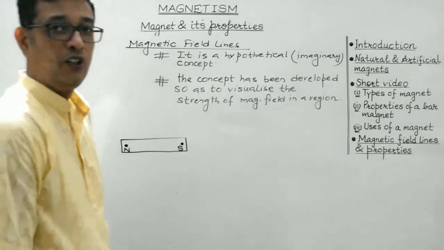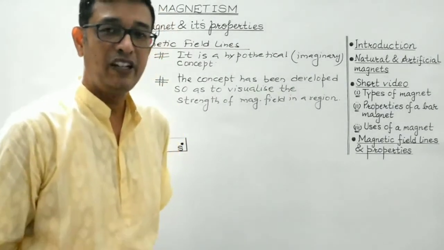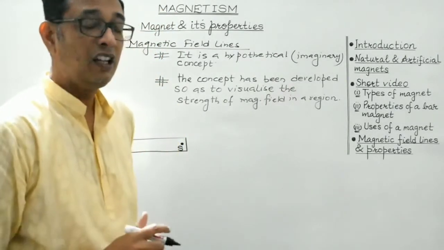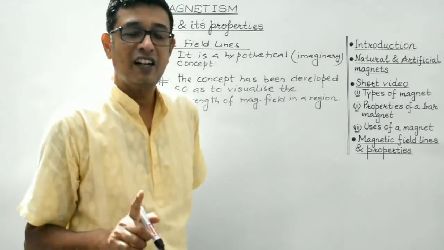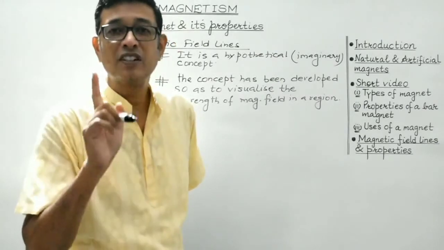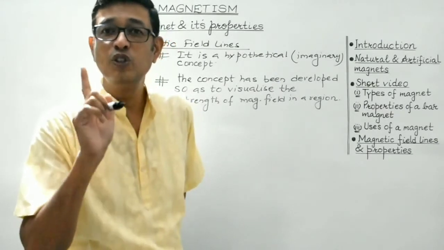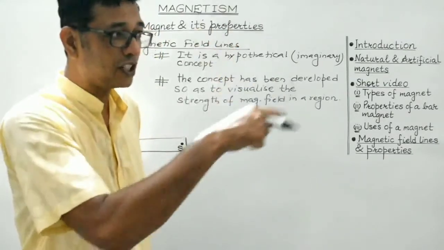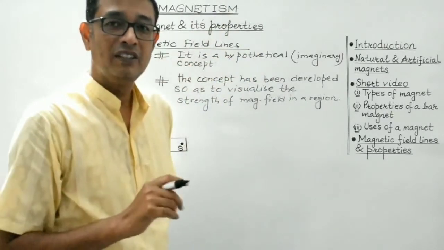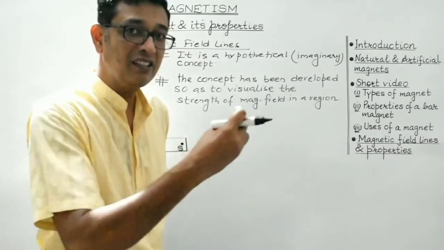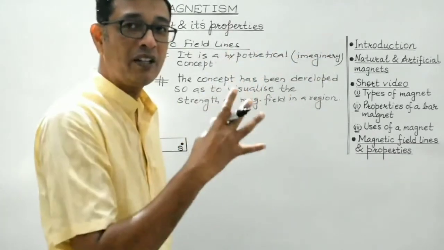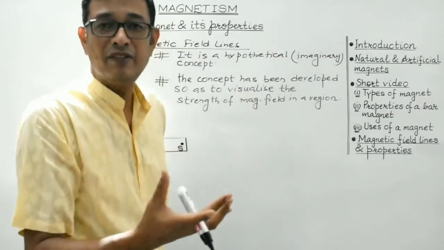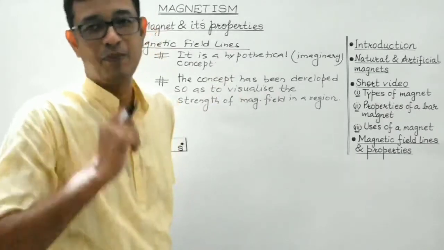Right? So if you want to plot the magnetic field lines, students, always remember the magnetic field lines are always in the form of continuous closed loops. They neither have any starting, that is emanating or initiating point, nor do they have any terminating or end point.